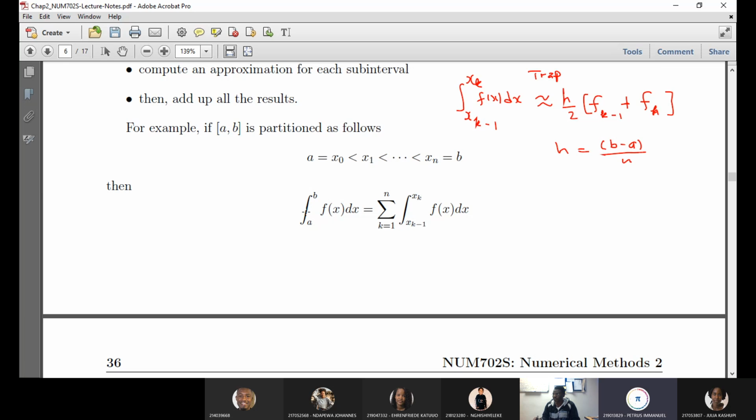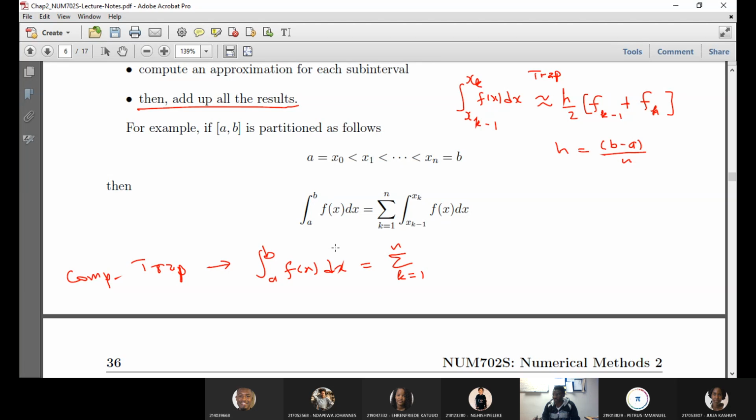Now, if you apply it to this integral, which we call the composite trapezoidal, we are just going to sum the results. As here we say add them up, we add up the result. That's what we are doing from this last bullet.